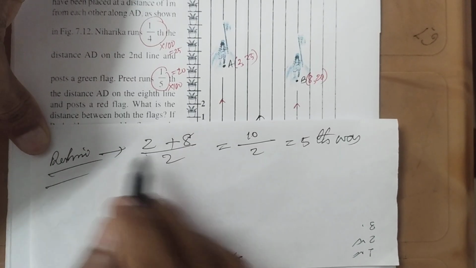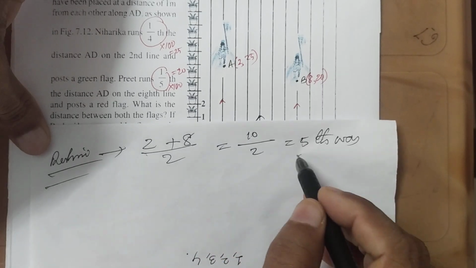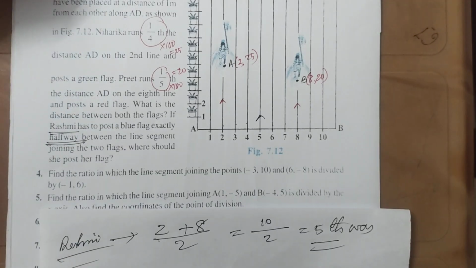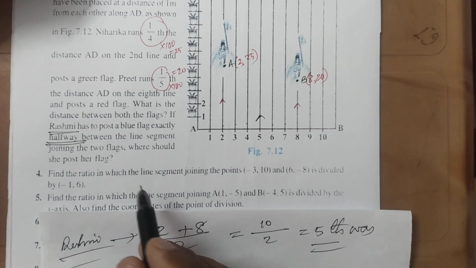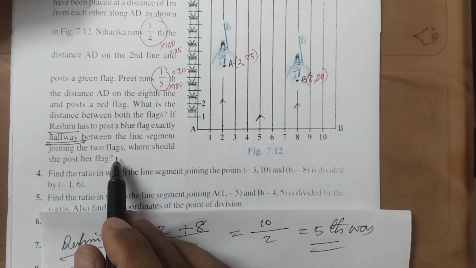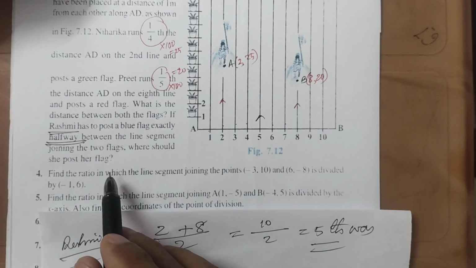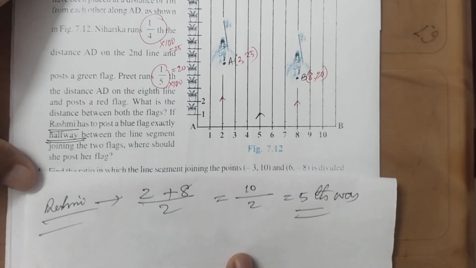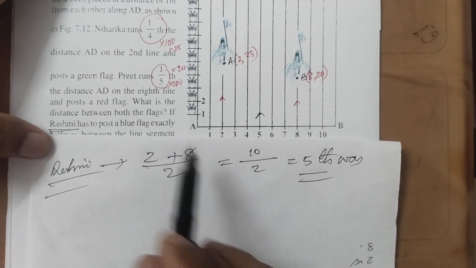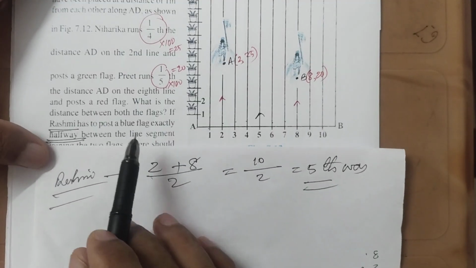You can say in conclusion, Rashmi has to follow the 5th way, and also it is asked for the halfway between.